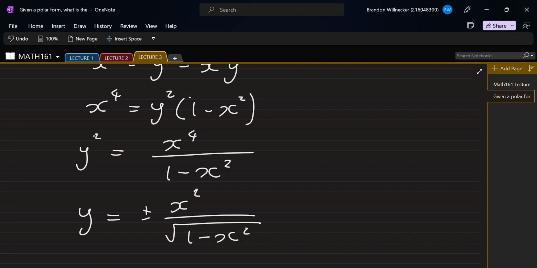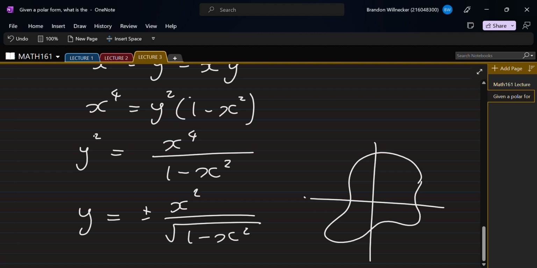Because remember how these work. If it's r of theta, we're going to end up with something like that. Right? It's always going to be some loop, something like that. But if we're converting into Cartesian, we're going to have a top part. That's this bit. Okay, and we have a bottom part.